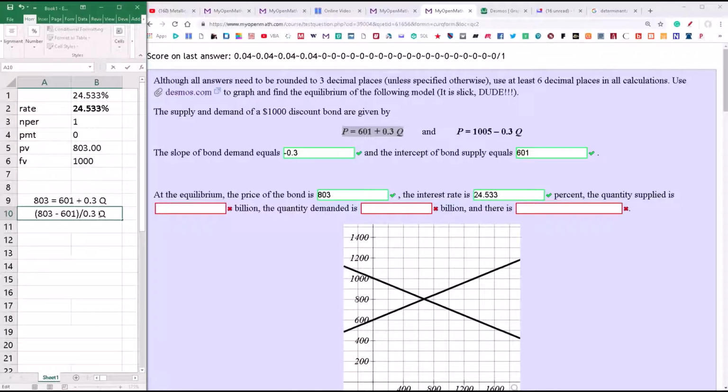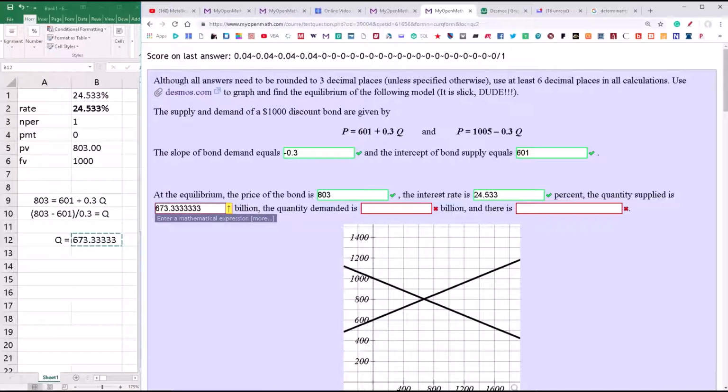And that equals the quantity. So the quantity equals that. That's quantity supplied because I plugged it into the supply curve, right?